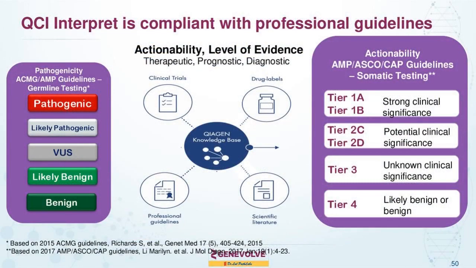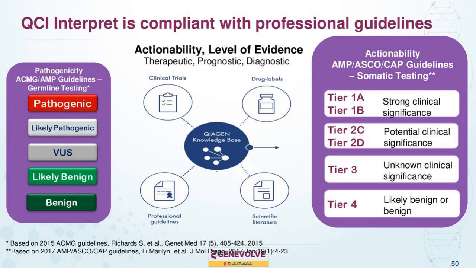Depending upon what we are dealing with, in this case the ACMG AMP guidelines for germline testing, we classify the mutation as pathogenic, likely pathogenic, variant of unknown significance, likely benign or benign. The variant of unknown significance is actually a very important part of any report, because what we are saying is that yes, this could be responsible for the medical condition you are seeing, but there is not enough scientific literature around it.